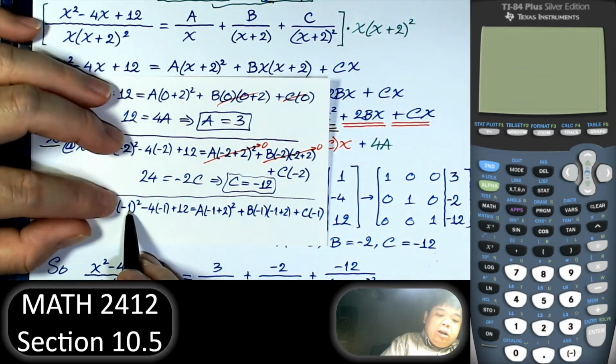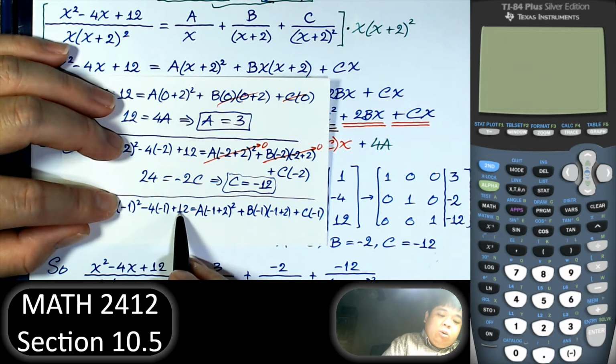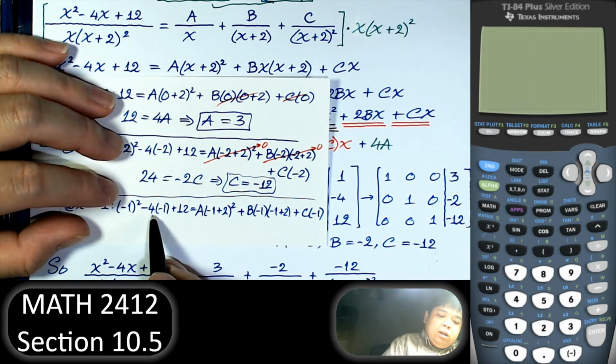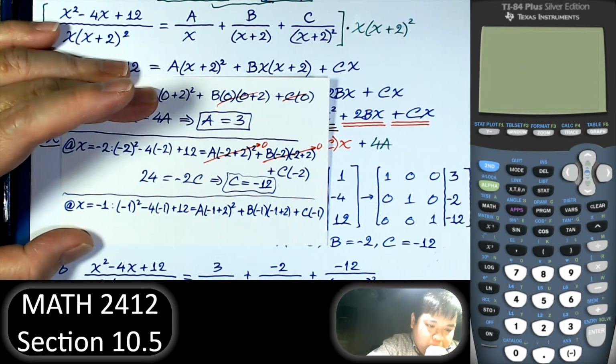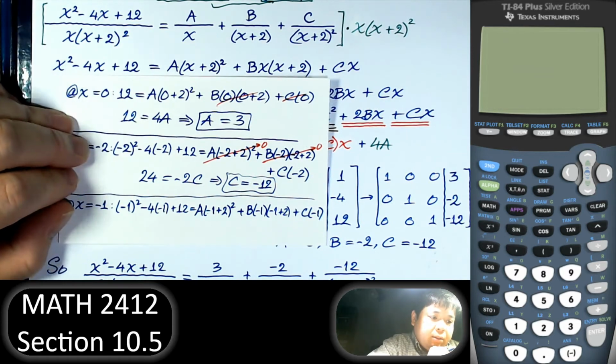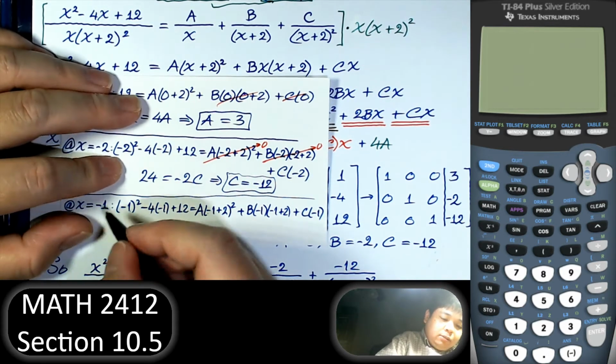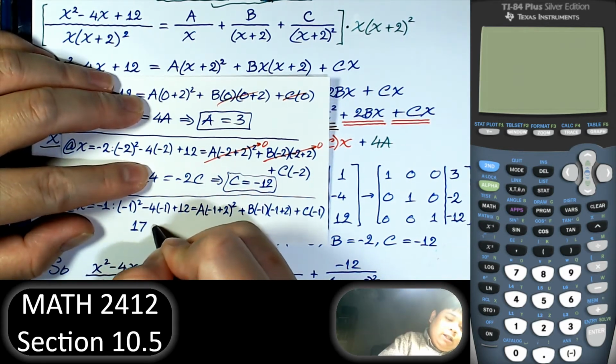Alright, so -1 squared is 1, and 12, 13, 4, 17. So that's 17.